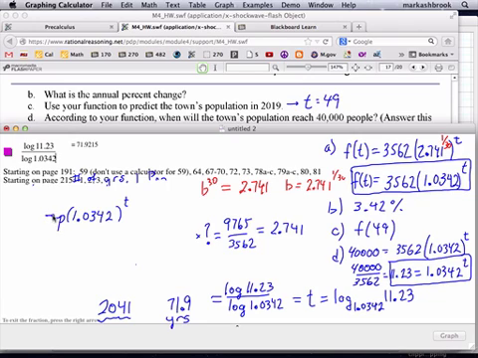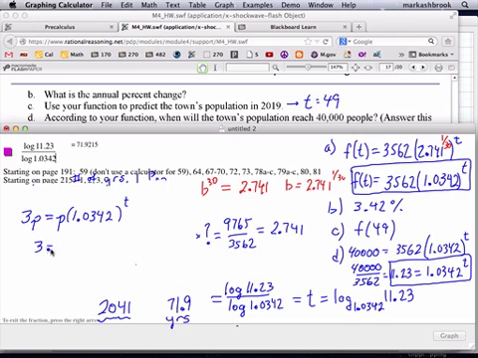So we're interested in that population becoming 3 times what you had before. You could use A here if you want, 3,562, that's fine, and then you'll take 3 times that. But it doesn't have to be. It can be any population starting at any time, as long as the growth maintains the consistent growth factor. Then we want to know how many years to reach 3 times whatever you started with.